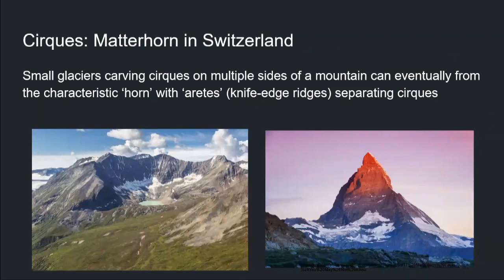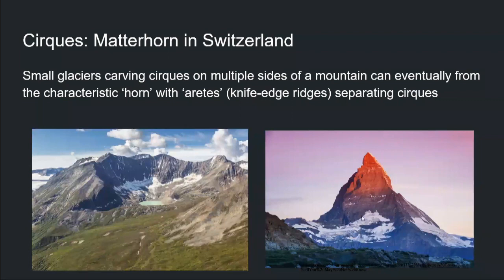They will carve down that bowl that they were in, and then can also erode mountains almost like a knife. You have a nice example here of the Matterhorn that had glaciers all over that were eroding down the mountain, and that's one of the reasons why you can have very, very sharp mountains, like knife edge ridges that are separating different cirque glaciers.